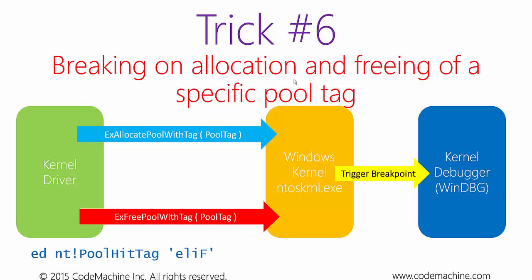This is just like setting a conditional breakpoint without the performance problems and system slowdown issues typically associated with conditional breakpoints in frequently used functions in the kernel. Let's examine the current value of PoolHitTag in the debugger.